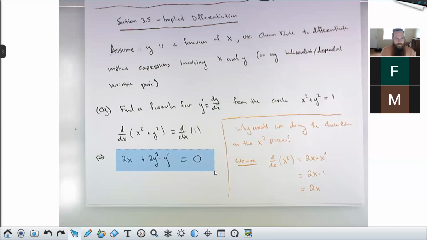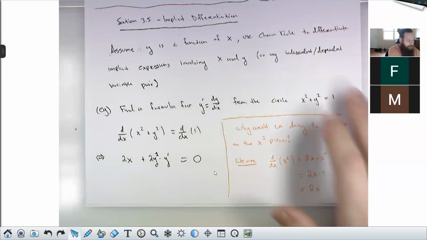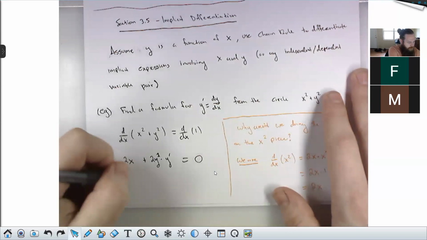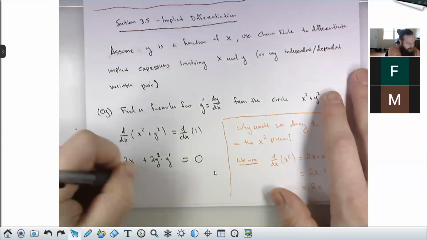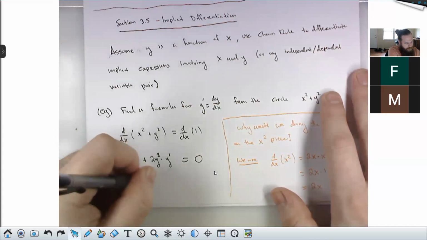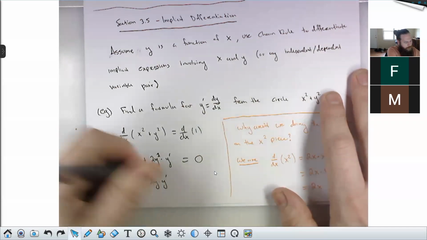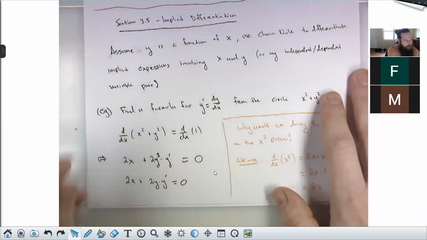So here we get this expression, which we can then solve for y prime. So I'll just write this a little bit less awkwardly. This is 2x plus 2y y prime equals 0.